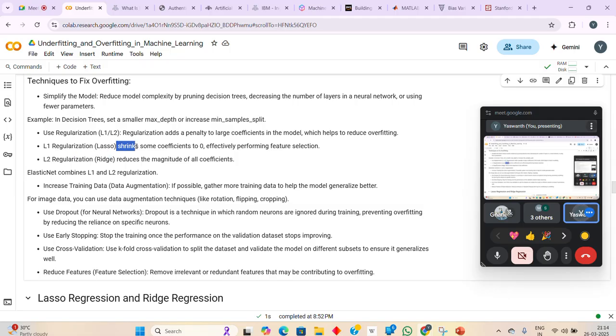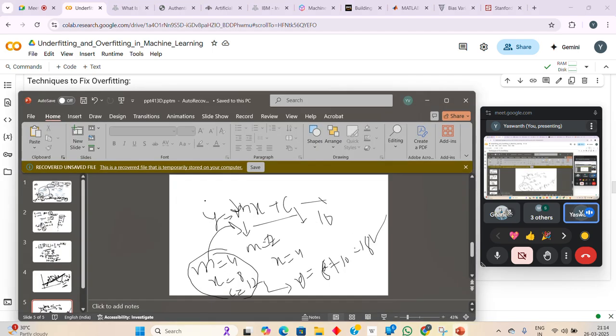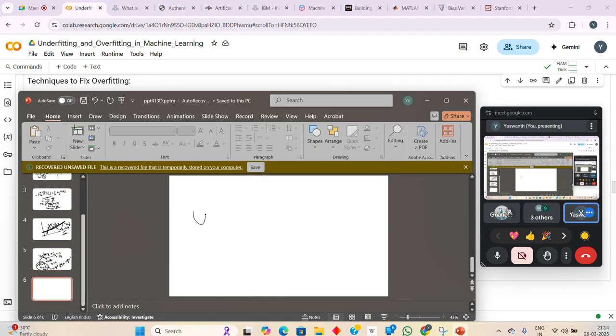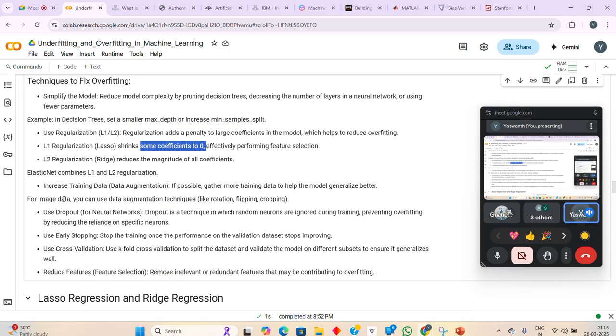What will it do? It will shrink the coefficients to zero. What is meant by coefficients? Beta 1, beta 2, beta 3, those are there. In the formulation y is equal to mx plus c, or else beta naught plus beta 1 x1 plus beta 2 x2 up to beta n xn, these beta 1, beta 2, beta 3 are all called coefficients.